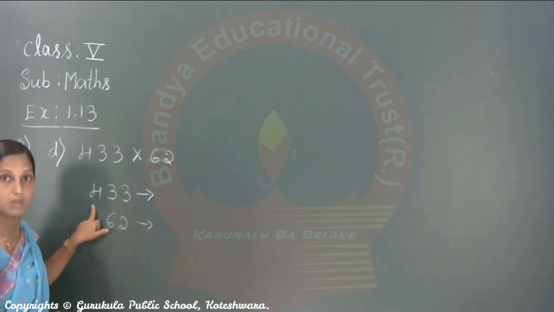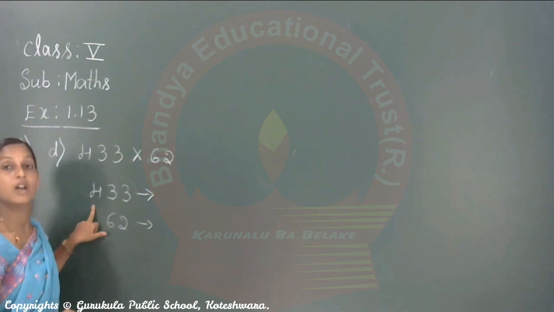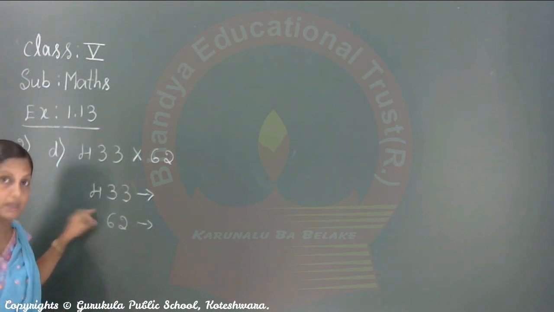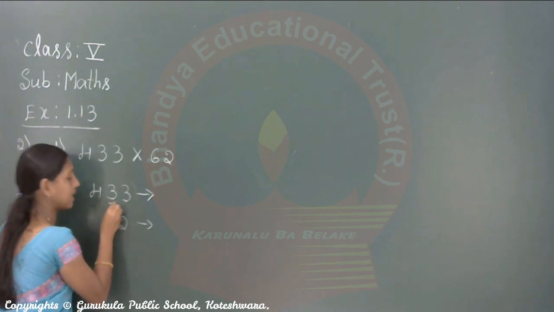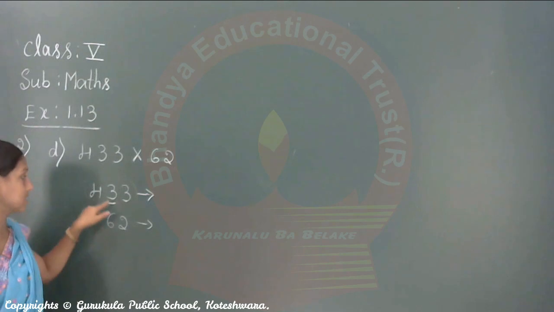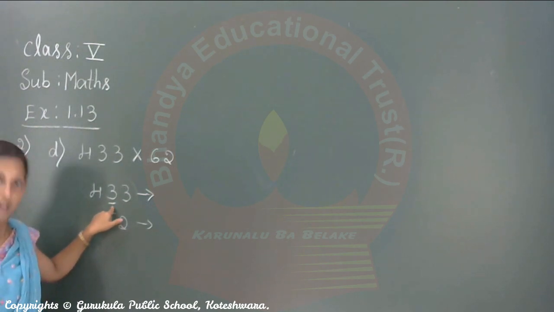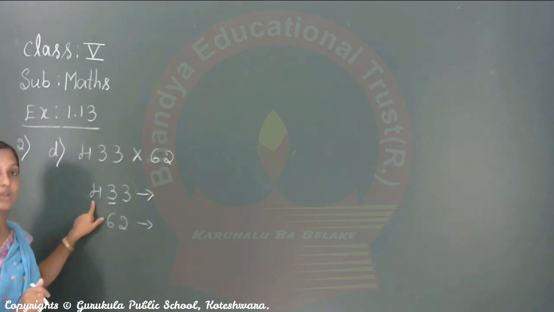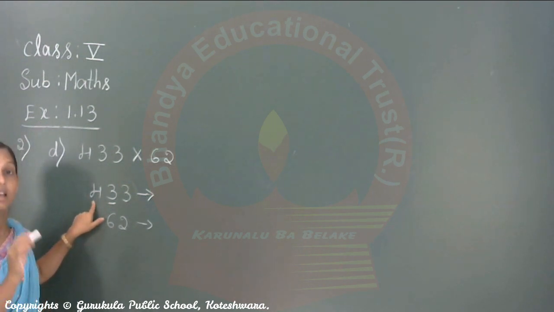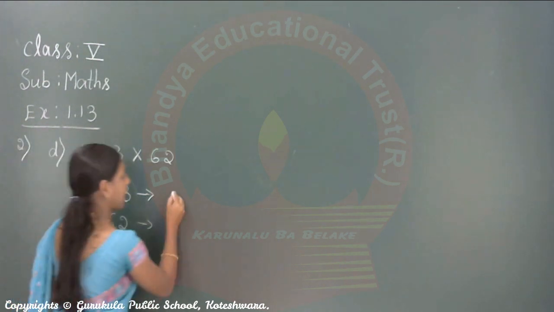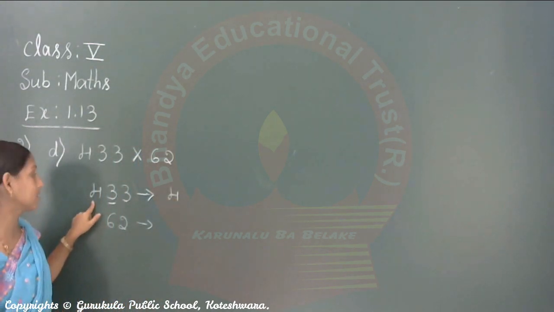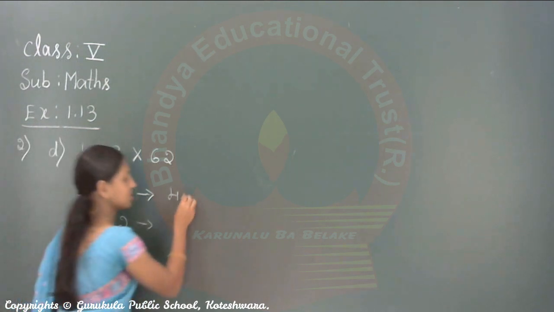The hundreds place is the maximum here, so round off to the nearest 100. That means see the tens place. The tens place is less than 5, so no need to add anything to the hundreds place. Keep the hundreds place as it is, that is 4, and make the other two digits 0.